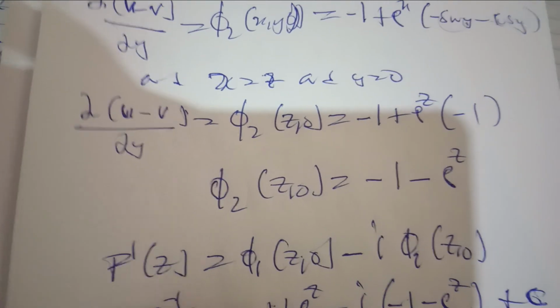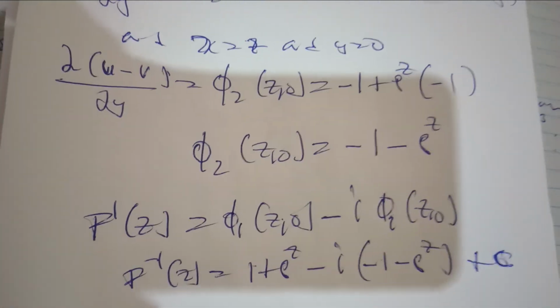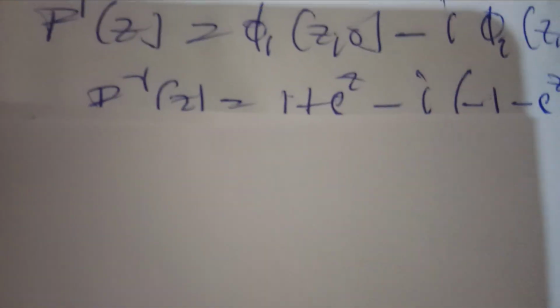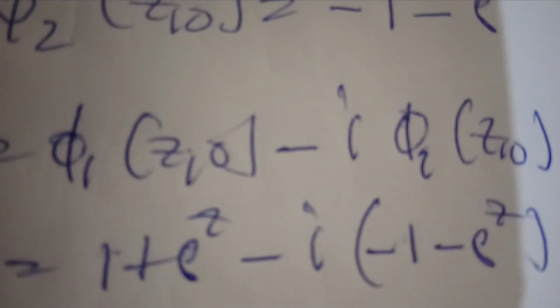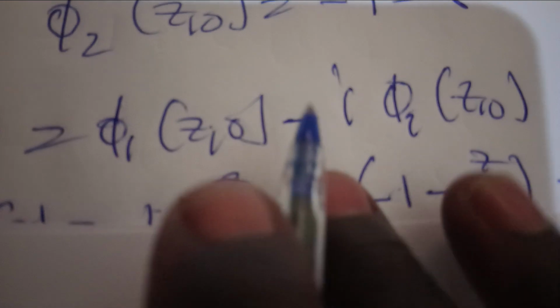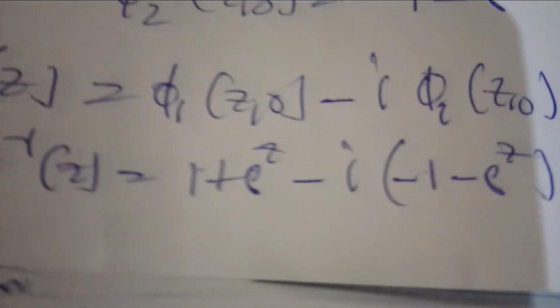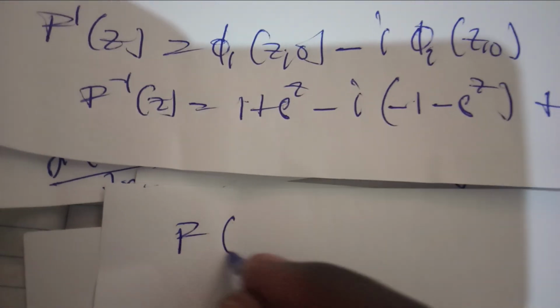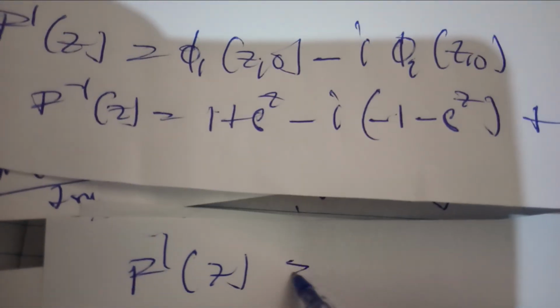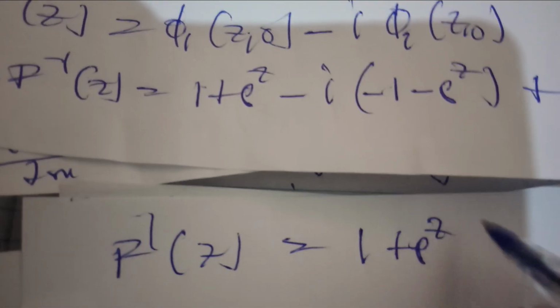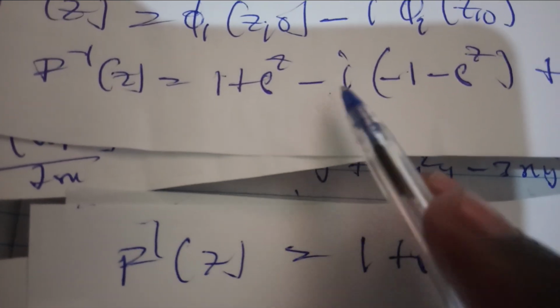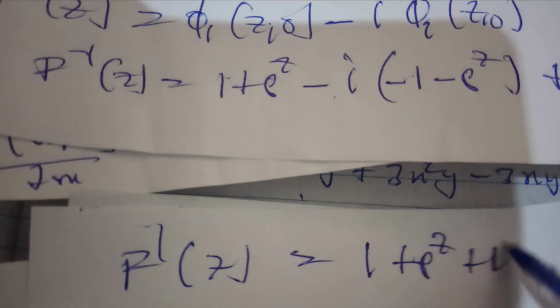So after finding this, since we know that f prime is equal to 1 plus e to power z, we can multiply negative i times negative 1, it will be positive i.